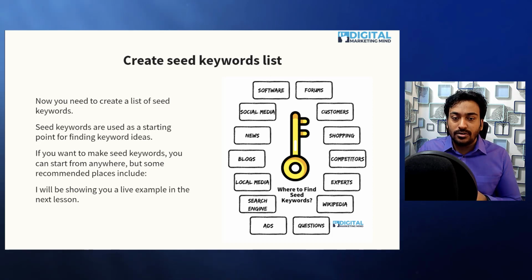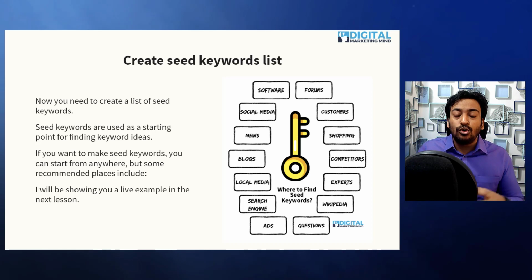Blogs are another important source, where not only are you going to trust news sites or news press releases for seed keywords, but the internet is made up of so many websites and blogs, and there are so many bloggers, so many people who like to write about all kinds of things. They write blog posts, articles, and create videos.